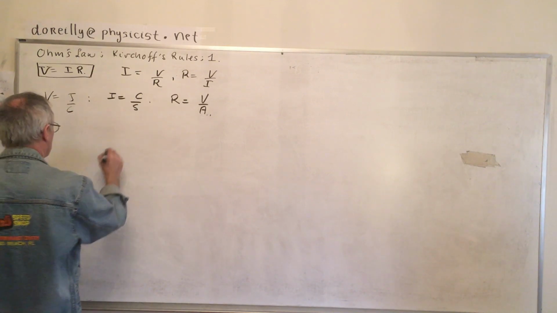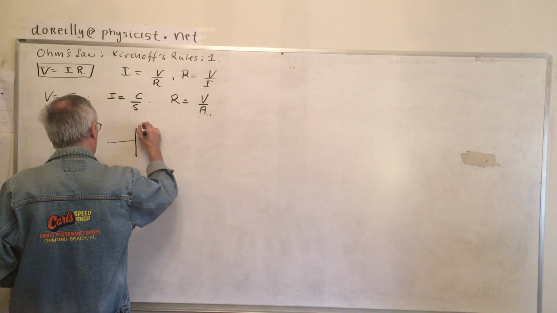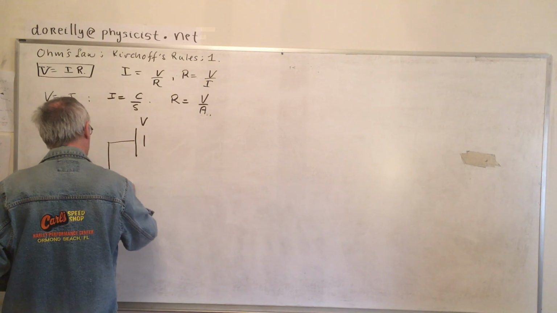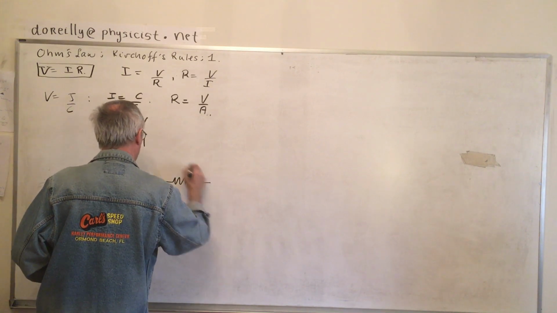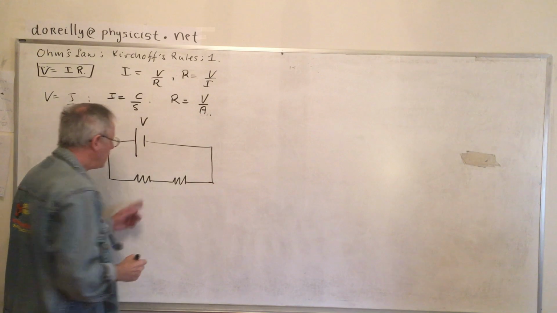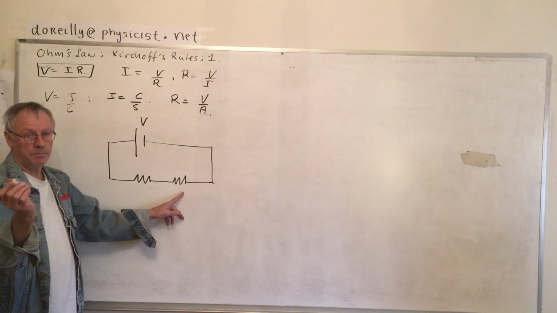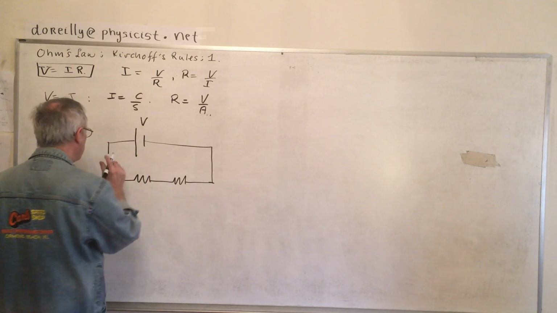Now let's add another resistance to the circuit. Now remember what we said. We double the resistance, we halve the current. Let's put in an ammeter.